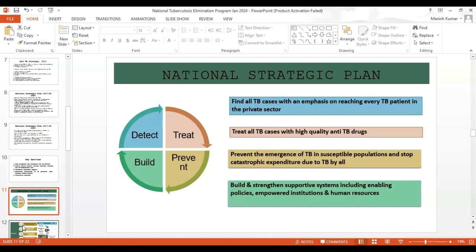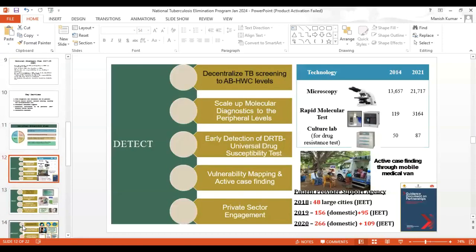If patients are not following that regimen, we land up with multiple drug resistant TB, and now most of the cases reaching the government sector are MDR TB. Then prevent the emergence of TB in the susceptible population, stop catastrophic expenditure due to TB, and build and strengthen supportive ecosystems, including enabling policies. This is something which is always written but never happened.